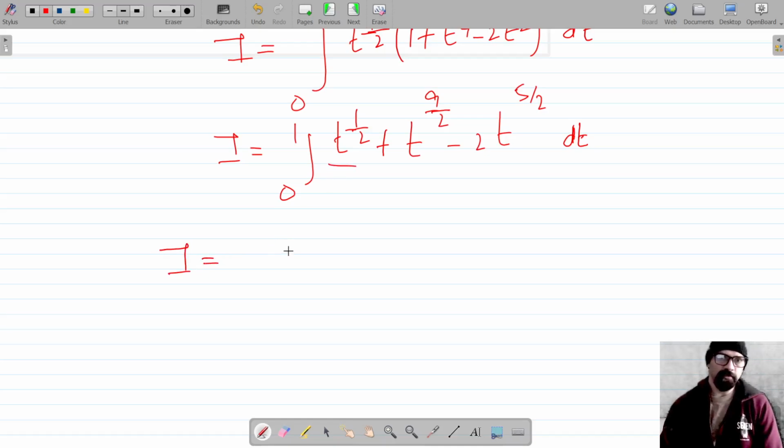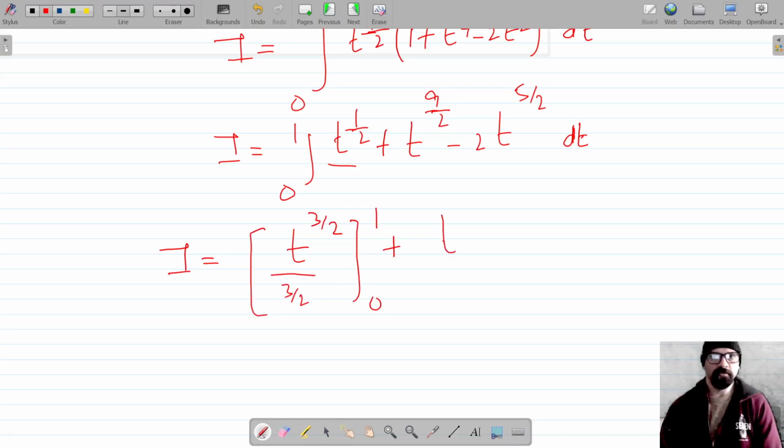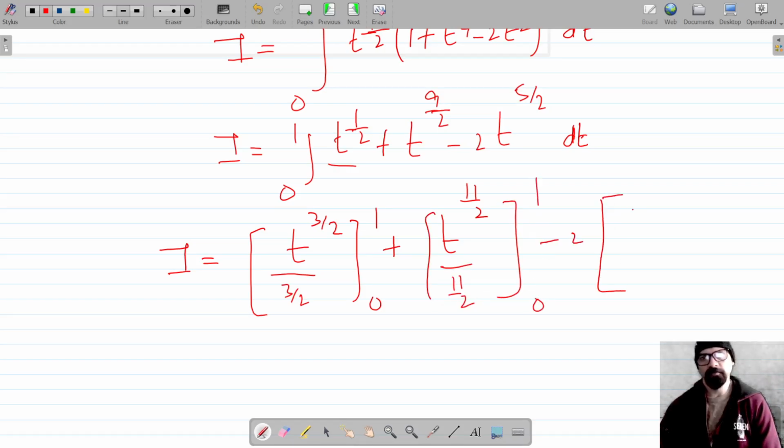So the integration of t raised to the power half is t raised to the power half plus 1, which is 3 by 2, on 3 by 2, evaluated for the limits 0 to 1, plus t raised to the power 9 by 2 plus 1, which is 11 by 2, on 11 by 2, from 0 to 1, minus 2, and this is t raised to the power 5 by 2 plus 1, which is 7 by 2, upon 7 by 2.